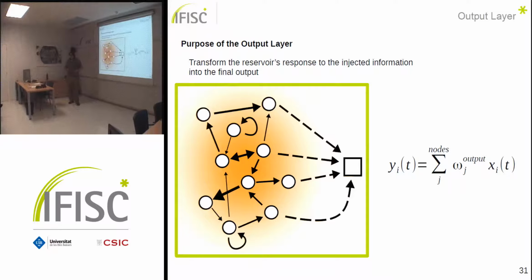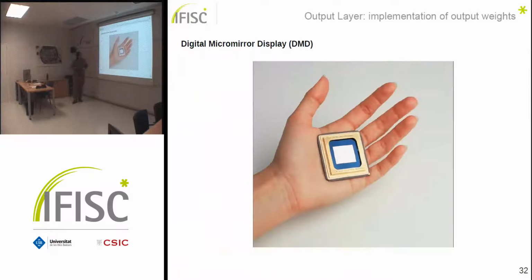So if you want to build an output layer, you need to implement the output weights and then the summation. I'm going to show you first how we implement the output weights. We do so with this device. This is a digital micromirror display. This is a device used in holography and beam shaping, but it is most widely used in projection systems, like the one we have up here.